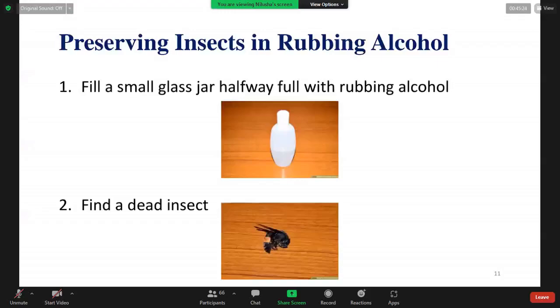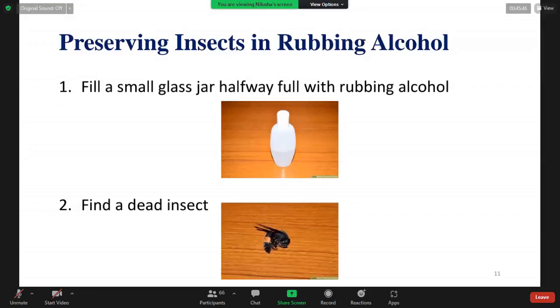Now we will see in wet preservation how to preserve an insect in rubbing alcohol. Rubbing alcohol means the normal alcohol we use to clean wounds or surgical instruments. By using rubbing alcohol, how do we preserve an insect?